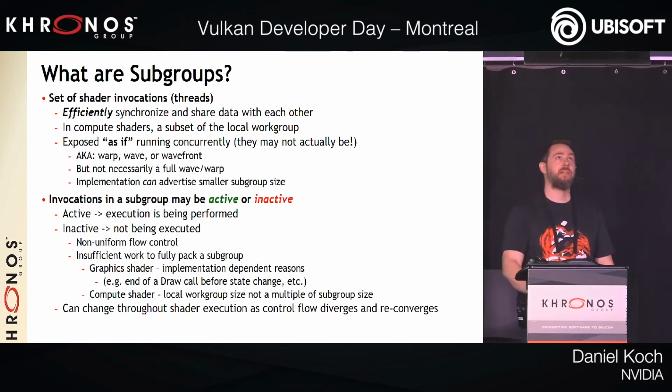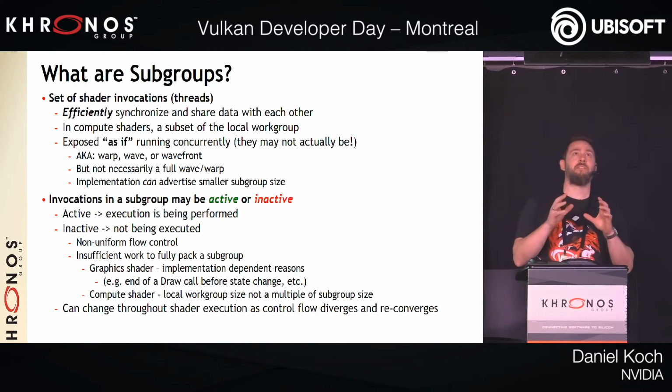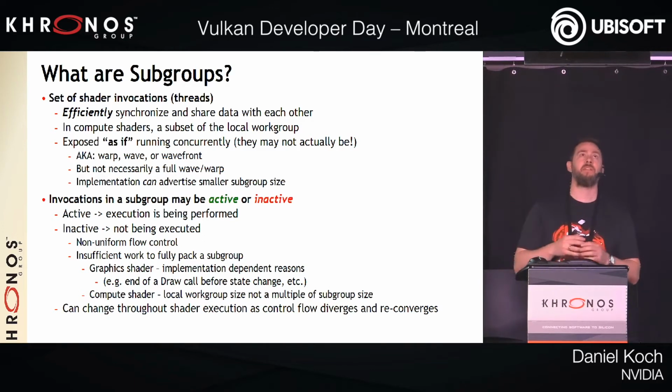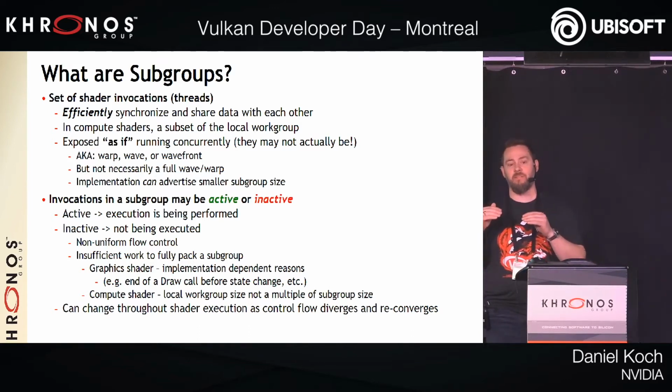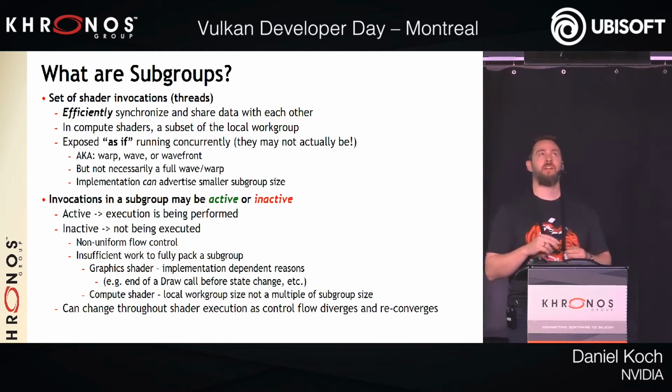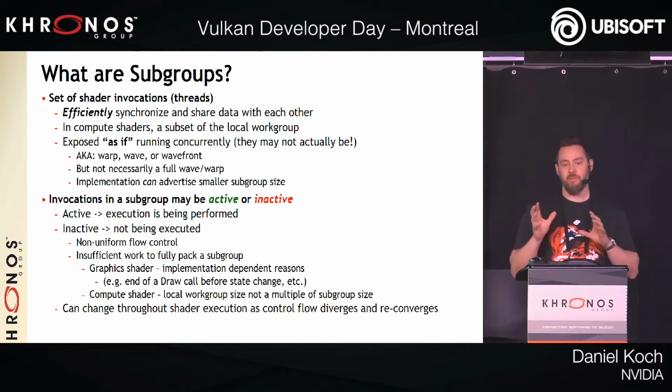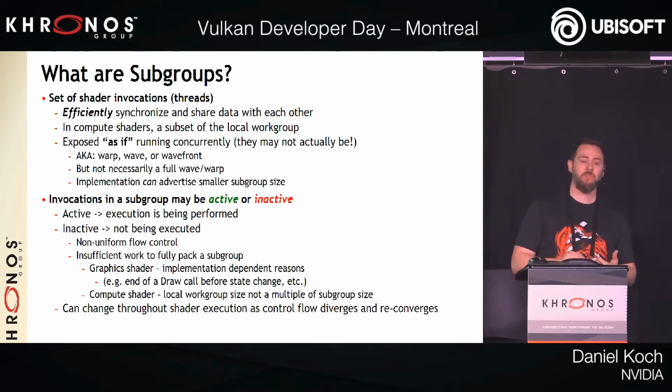So, back to the basics. What is a subgroup? A subgroup is a set of shader invocations. A shader invocation is basically a thread of computation. You may have heard of things called warps or waves or wavefronts. It's basically that set of threads that are all running effectively in parallel. You think of them as running concurrently. They oftentimes are, but they may not actually be, so keep that in mind when you're designing your algorithms to use subgroups.